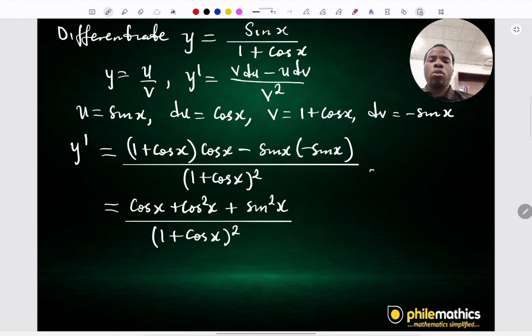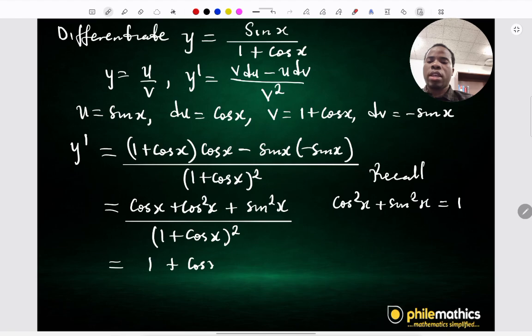But recall from trigonometric identities that cos squared x plus sine squared x equals 1. So we'll substitute 1 for this, and so we'll have 1 plus cos x over our denominator 1 plus cos x all squared.